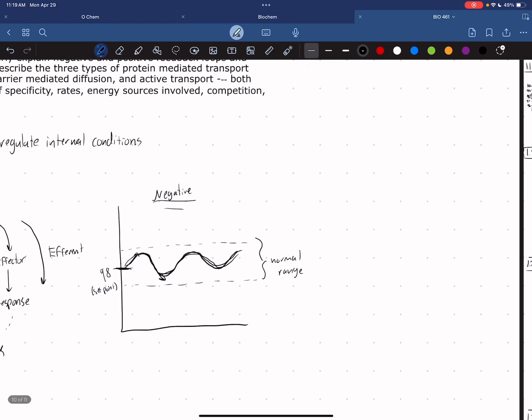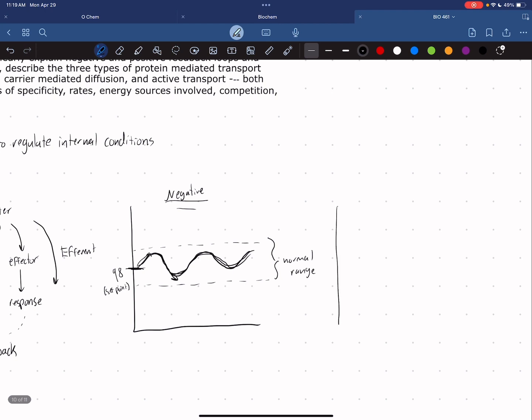In contrast, I will make another graph here that describes positive feedback. For this example, we can use the oxytocin levels in the body. So here we have another normal range. And for this example, I will talk a little bit about childbirth.